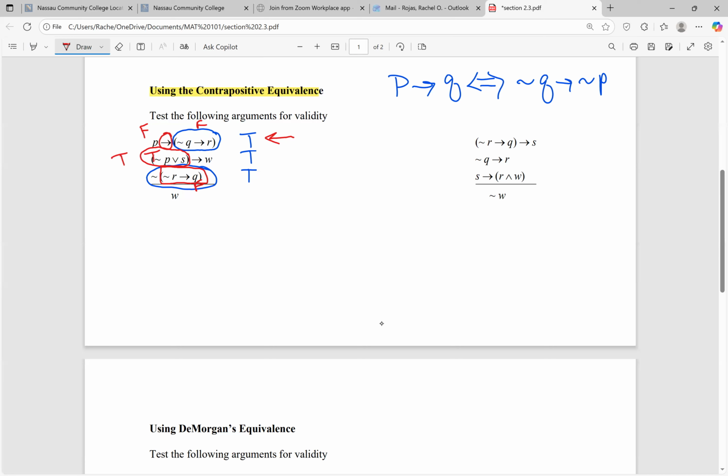It's going to make the statement true. And then that forces W to also be true. Because if it wasn't, we would have true implies false, which would be false, but we want this premise to be true. And W is the conclusion, and we already figured it's true. Therefore, this leads us to a valid argument, since when my premises are true, my conclusion is true also.